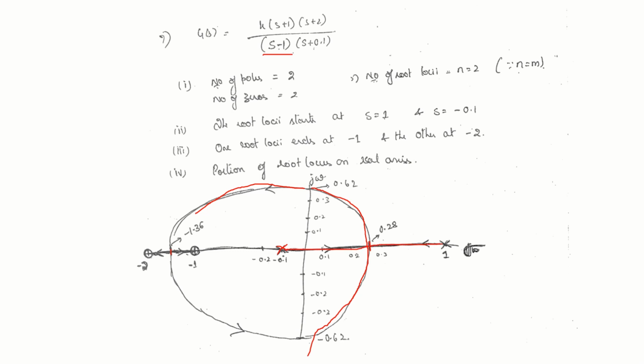Here is the root locus. K equal to 0 here. Then this will go like this as the k increases. Then when it is 0.62, further if you increase, it will move to positive side.